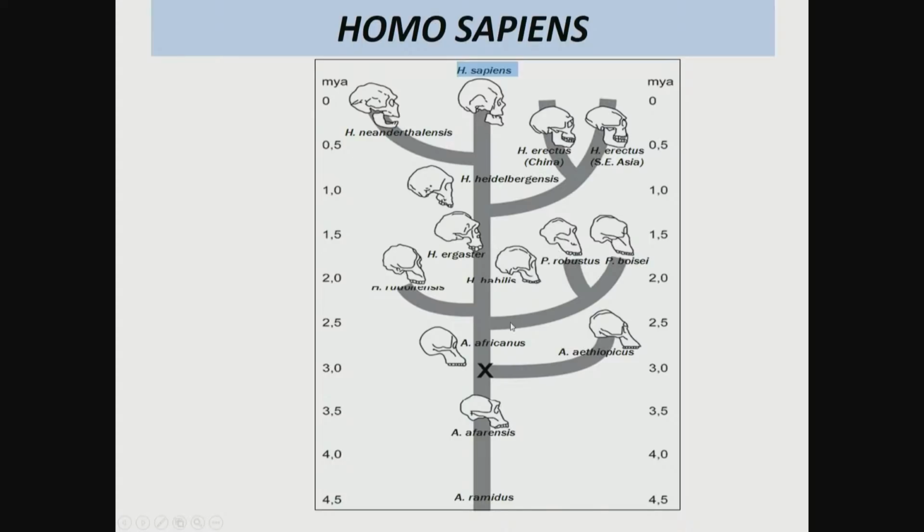In this case, how many species are in this phylogenetic tree? 1, 2, 3, 4, 5, 6, 7, 8, 9, 10, 11, 12, 13, 14. There are 14 species. The next question will be, how many genera are in this phylogenetic tree?